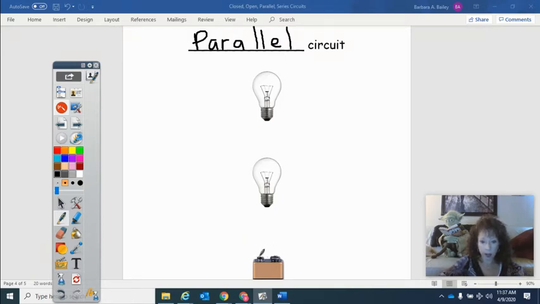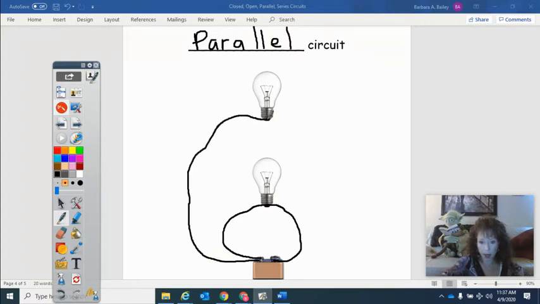So in a parallel circuit, each light bulb, or whatever the load is that you're trying to power, has its own circuit to the power source.